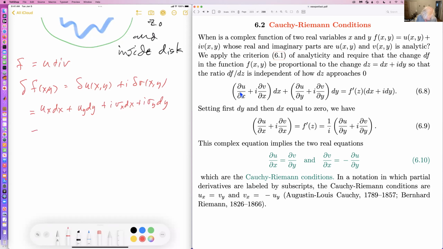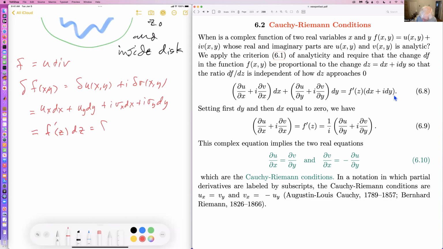And we want that to be not any old complex number, but in fact proportional to dx plus i dy. So in other words, this has to be f prime of z times dz.